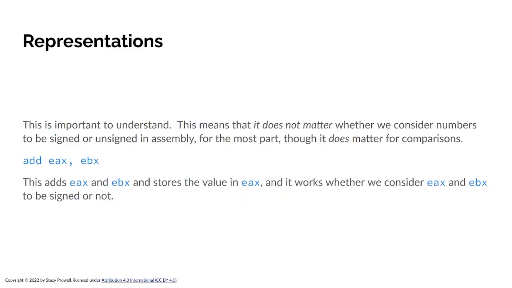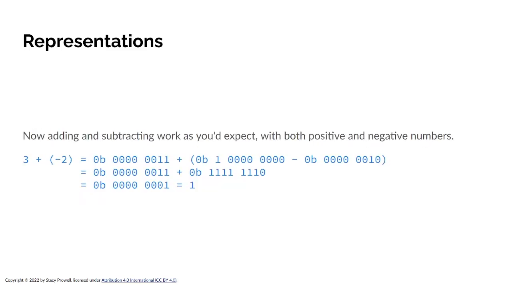And this is important to understand. This means it doesn't matter whether we consider numbers to be signed or unsigned for most things. For addition, it doesn't matter. The right thing will happen when I add or subtract two numbers in 2's complement. It will just do the right thing, and so I don't have to keep track of whether they're signed or unsigned. And that's great.